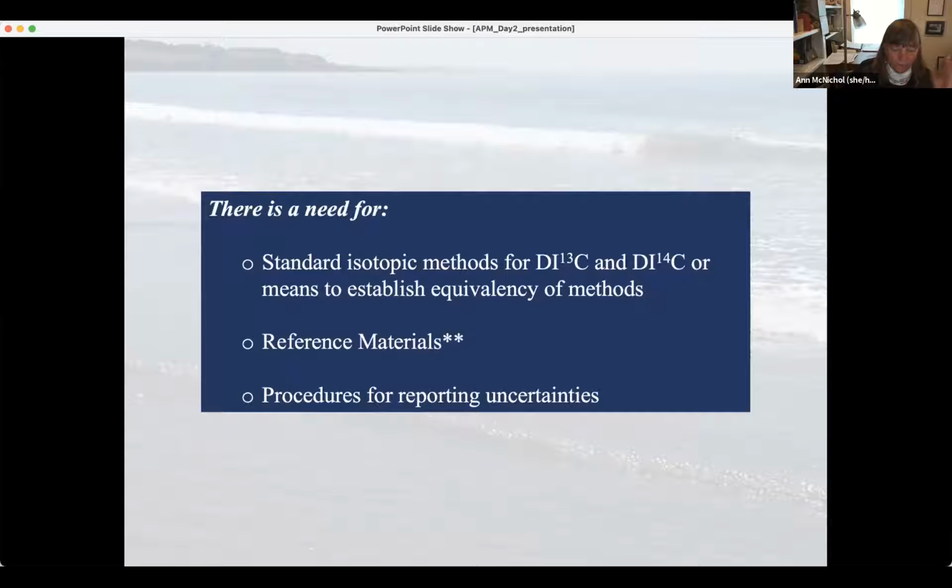So there's a need for standard isotopic methods, and I don't mean everyone has to do one stripping method, but just a way to establish the equivalency of the methods, reference materials, and procedures for reporting uncertainties, which Bob will talk about more later. So that's it. Thank you.